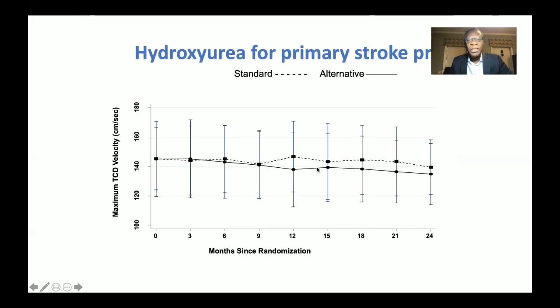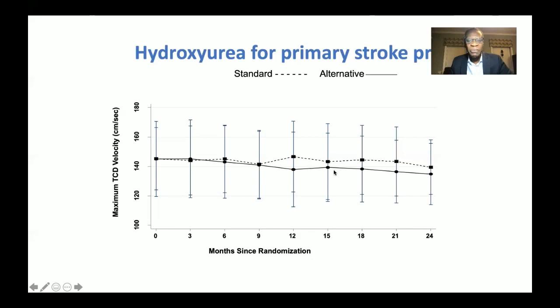Of note, this trial enrolled patients with lower levels of CNS vasculopathy. It is doubtful whether those with severe vasculopathy and severe stenosis really warrant switching from blood transfusion to hydroxyurea.